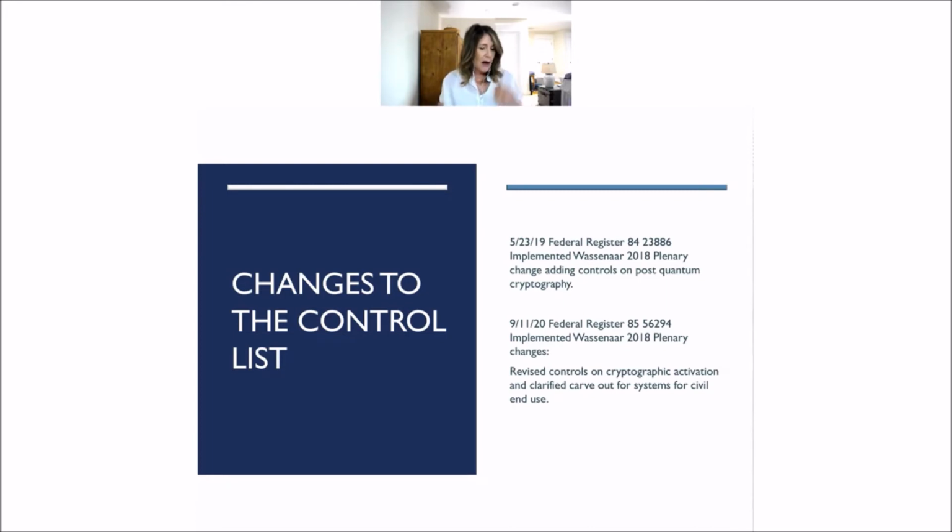So there are basically three topics, and two different Federal Register notices that I'm going to talk about in more detail. It just so happens that these three changes were agreed to at Wassenaar. Remember when I was doing the Venn diagram, we talked about Wassenaar. The changes we'll discuss came out of multilateral agreements there.